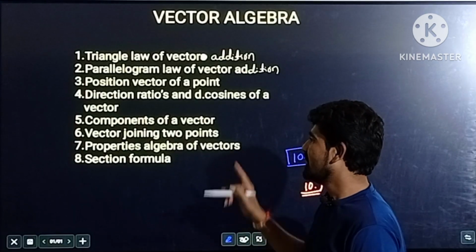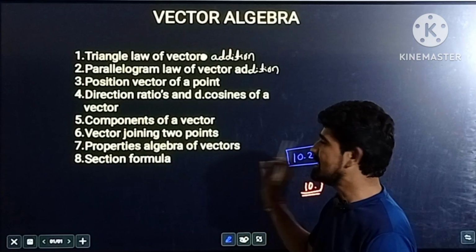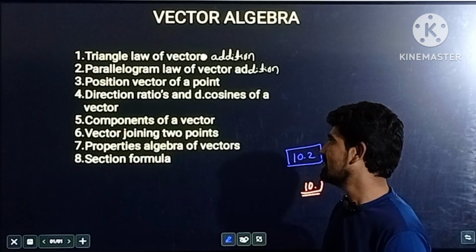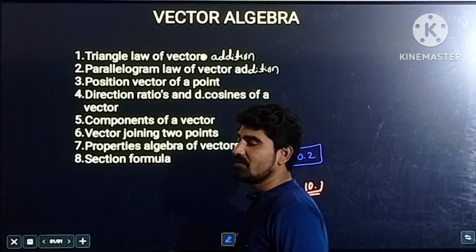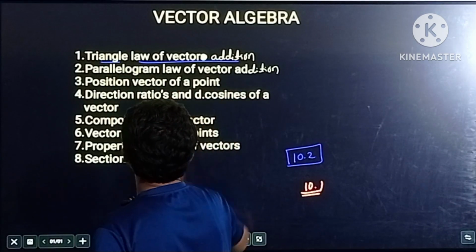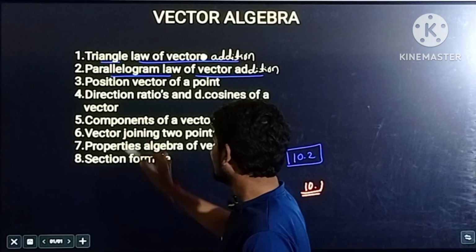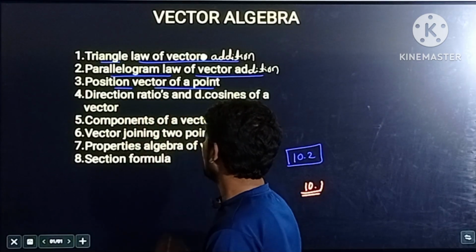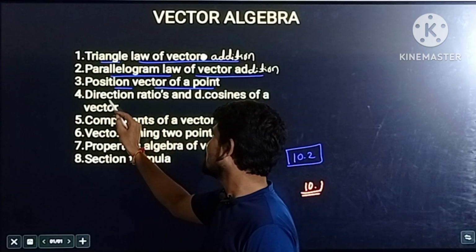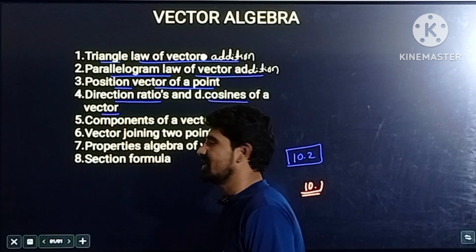If you master all these 8 concepts, then we can easily solve the problems in exercise 10.2. The first concept is triangle law of vector addition, the second is parallelogram law of vector addition, the third is position vector of a point, and the fourth, a most important concept, is direction ratios and direction cosines of a vector.